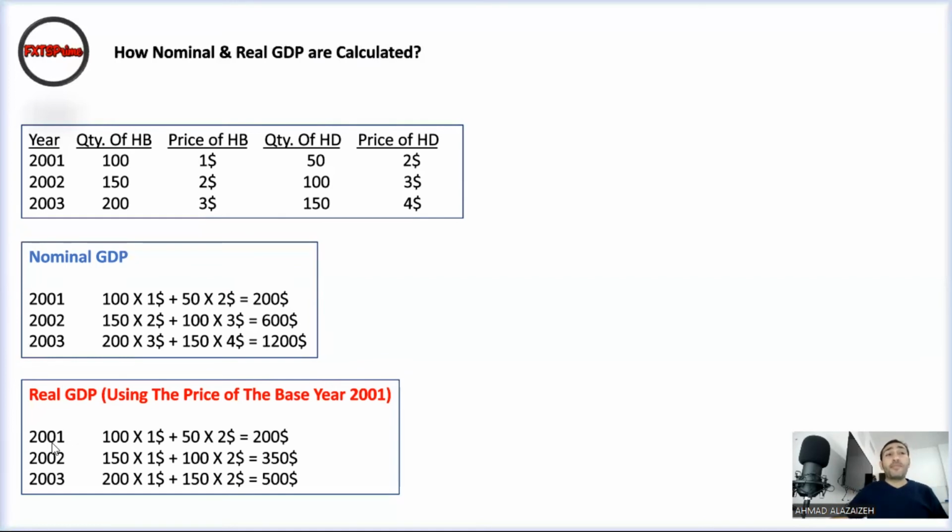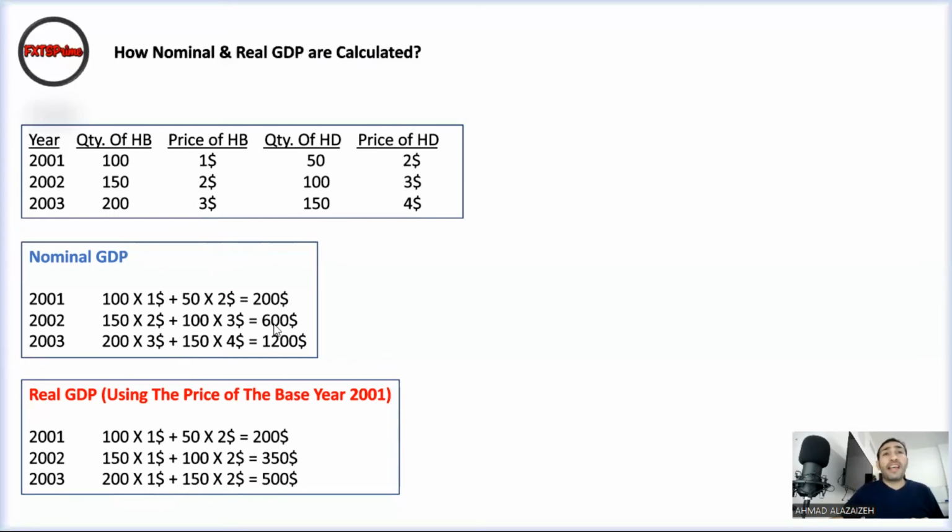Now let's take this base year and see how much the real GDP was in 2002. I'm going to take the quantities of 2002, which is 150, but I am going to take the prices from 2001, the base year. So 150 multiplied by $1 plus 100 multiplied by $2, and I'm going to end up with 350 GDP.